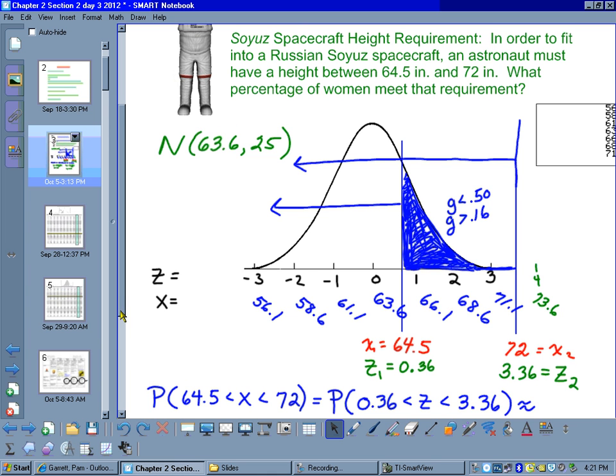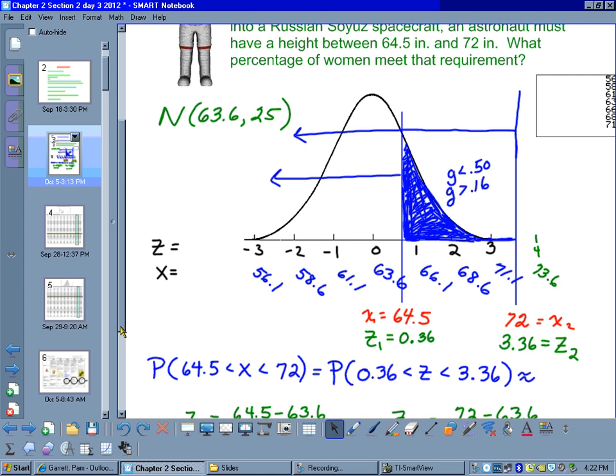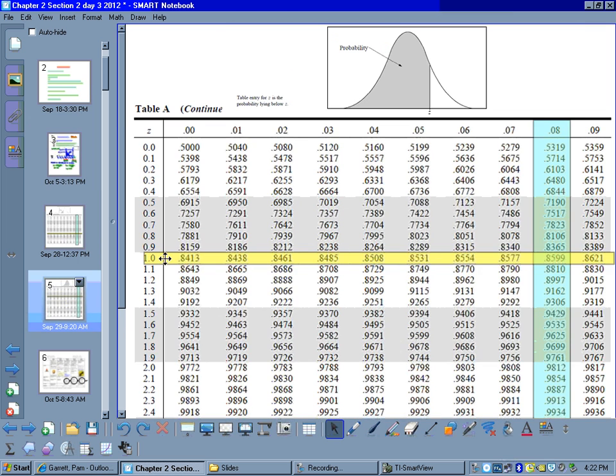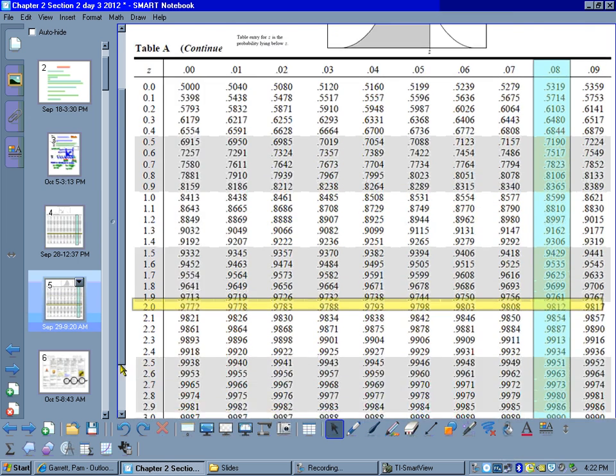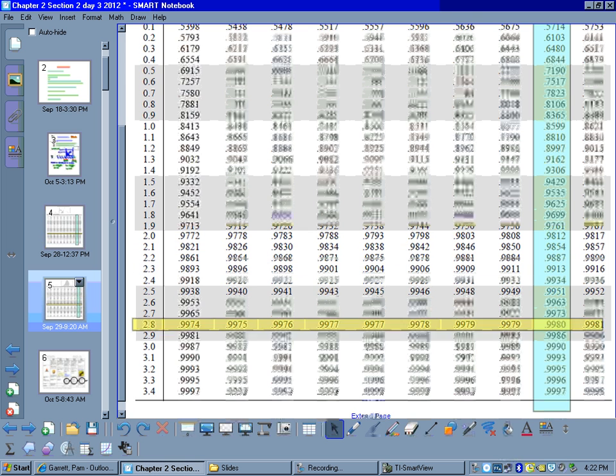So I'm going to look up 3.36. That's going to be on the back page. 3.3 is down towards the bottom.